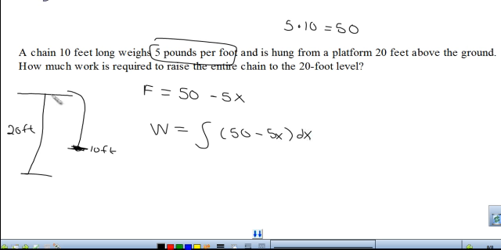Since you're pulling it up 20, you would think, oh, I'm going from 0 to 20, but you didn't really pull it up 20 feet because the chain is only 10 feet long. So you're not going to pull it up another 10 when it's not there. So you're actually just going from 0 to 10. So my work ends up being 250 pounds.